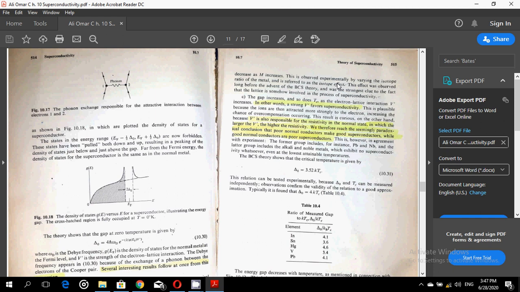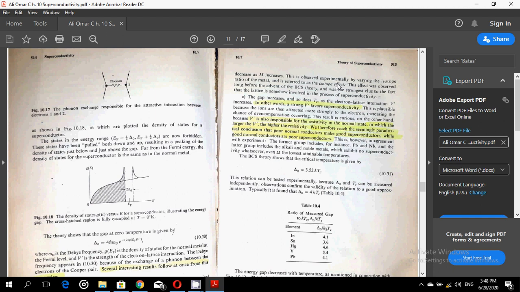So referring to figure 10.18, let us now read through the states in the energy range, that is EF minus half delta naught, if delta naught is the energy gap.